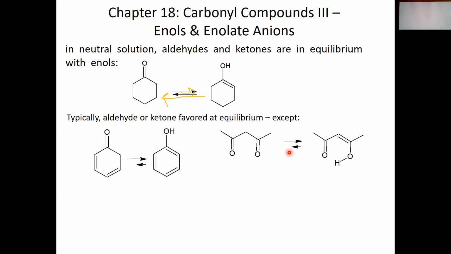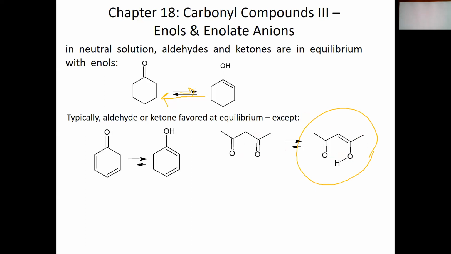This compound on the right is actually more favorable as an enol as well, because of a couple of things. For one, it's a conjugated compound over here on the right when it's an enol, and conjugation provides stability. Just like aromaticity provides stability, conjugation is another way to provide stability.